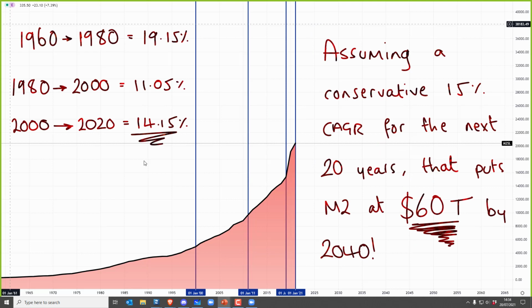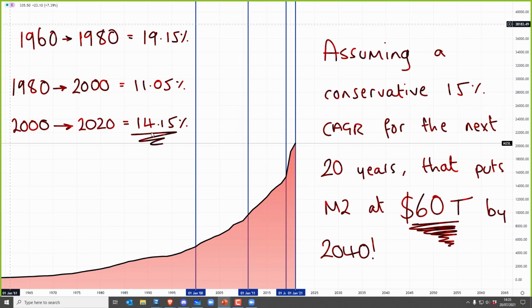So I then did something else. I thought, okay, what's the CAGR? What is the compound annual growth rate? Well, I chopped it up into 20-year chunks. So from 1960 to 1980, they grew the money supply by 19.15%. 1980 to 2000, 11.05%. And 2000 to 2020, 14.15%.